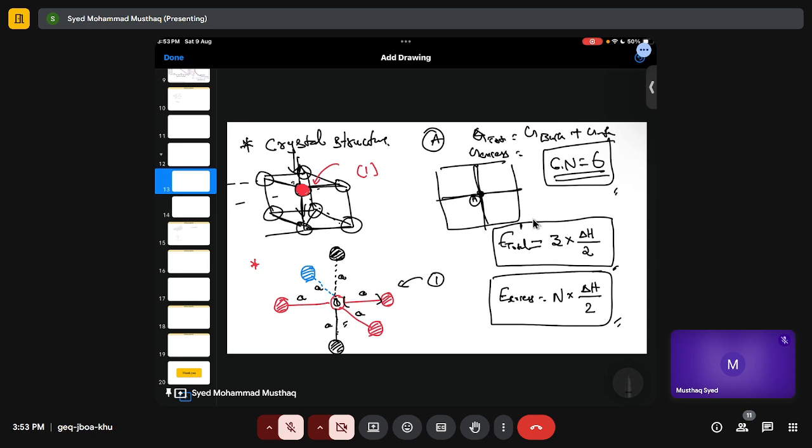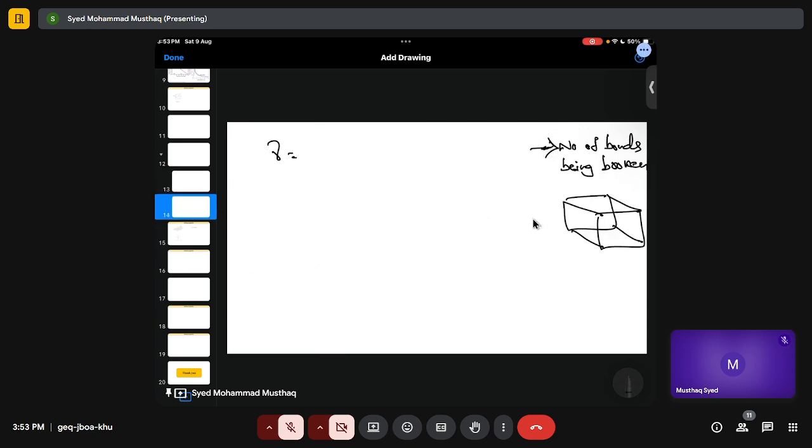Now let's break some bonds. Okay? So if this is my simple cubic, what I am trying to do is cut it. How? Let's say this is my cutting plane. So I am trying to cut this thing in half. Okay, so then it will look like this.